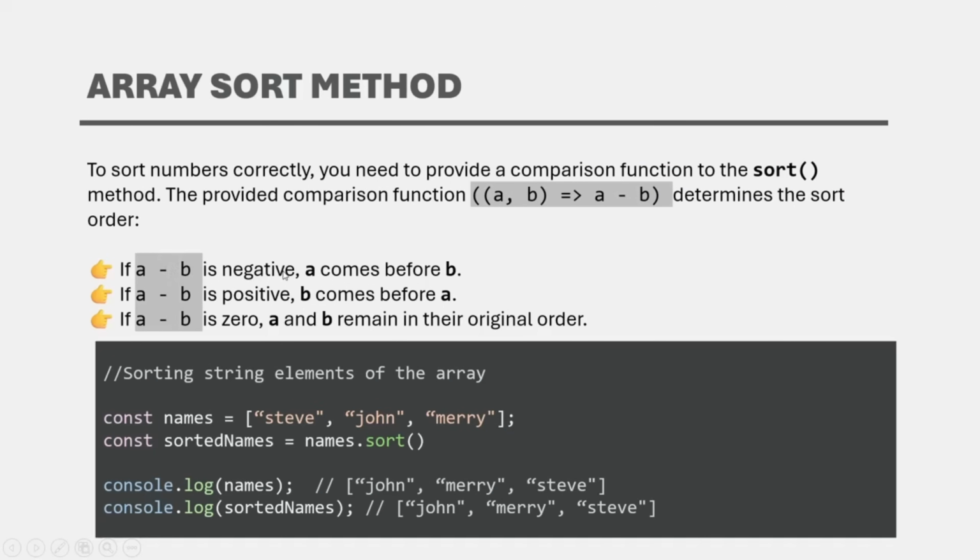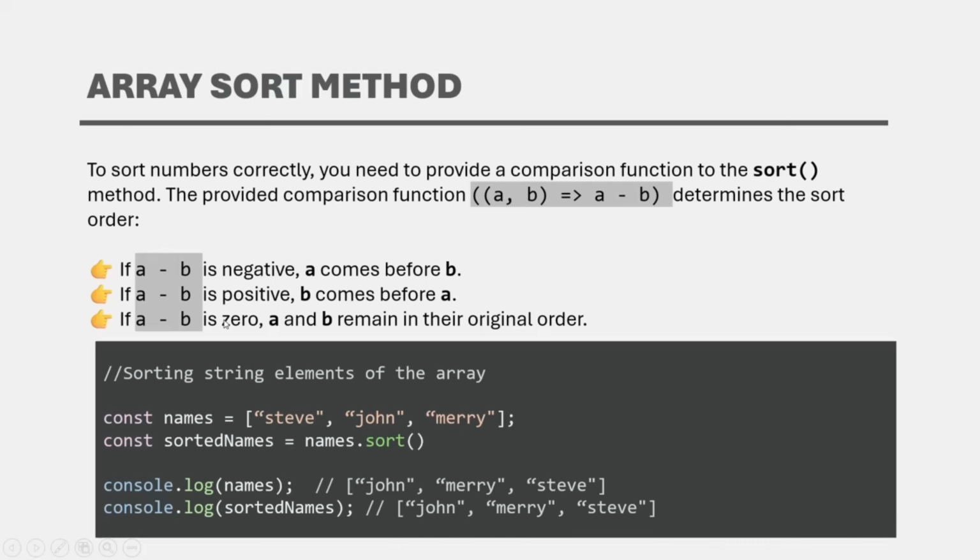Here A is going to receive the current element and B the next element. If A minus B is a negative value, that means A is smaller than B, so A should come before B. But if A minus B is a positive value, A is greater than B, so B should come before A. And if A minus B is 0, both are equal, so we do not need to change the order.